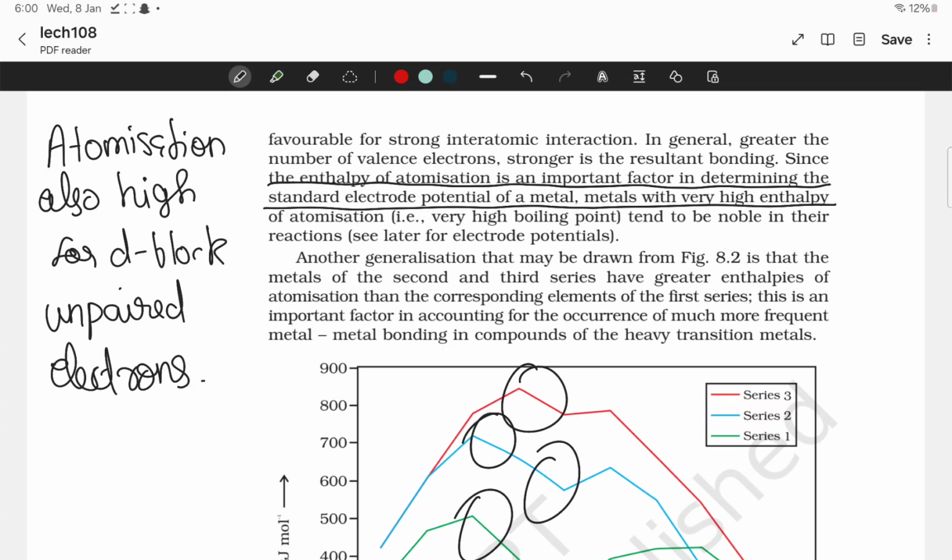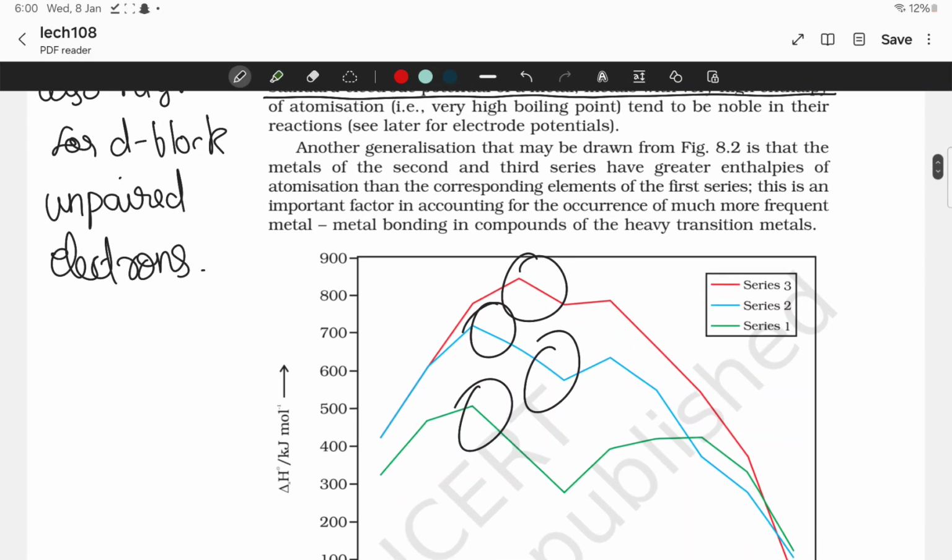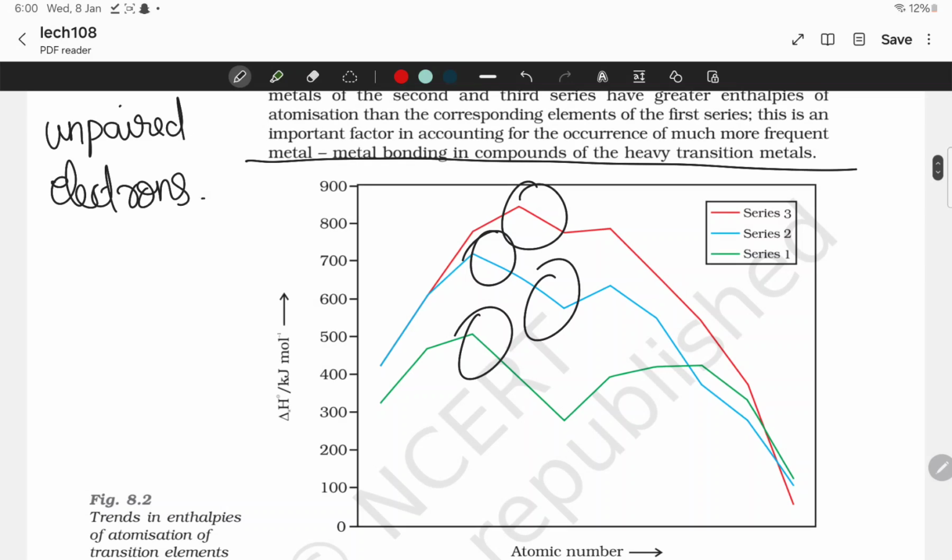Another generalization that may be drawn from figure 8.2 is that metals of the second and third series have greater enthalpy of atomization than the corresponding elements of the first series. This is an important factor in accounting for the much more frequent metal-metal bonding in compounds of heavy transition elements. Metal-metal bonding is high. Look, this is the first series.